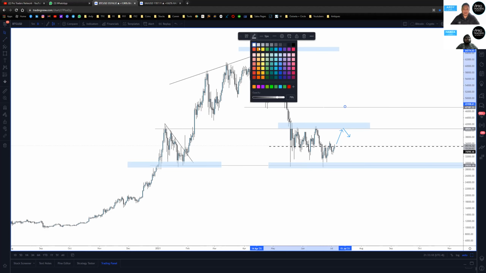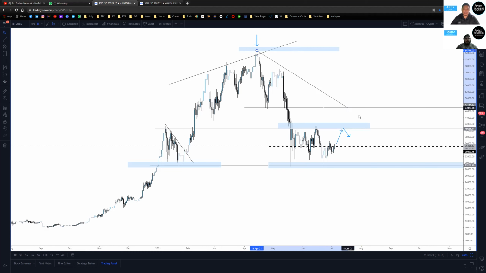Yeah. And let me just draw this slanting line. Right, so you can see that there is still some room here before it reaches this slanting line. So once it reaches here, then I think a decision needs to be made by the market, whether it wants to go up or come down further.